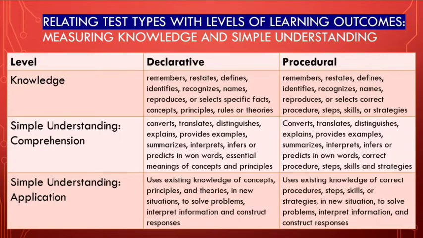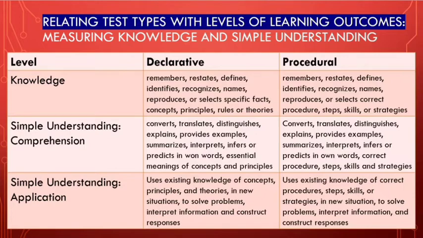So under the knowledge level, declarative aspect, your task could require your learners to remember, to restate, to define, to identify, to recognize, to name, to reproduce something, to select specific facts, concepts, principles, rules, or theories. That's the declarative side.